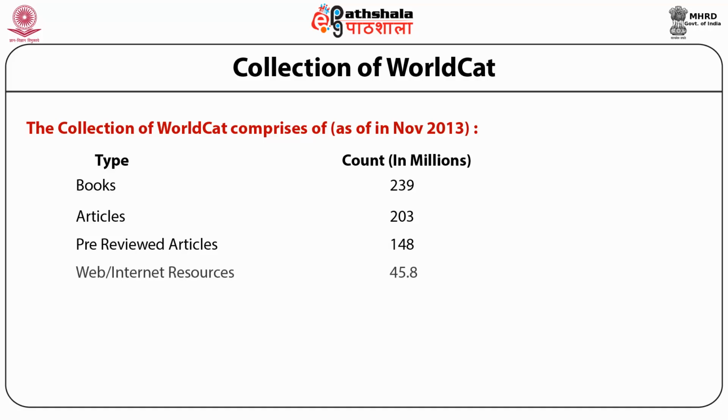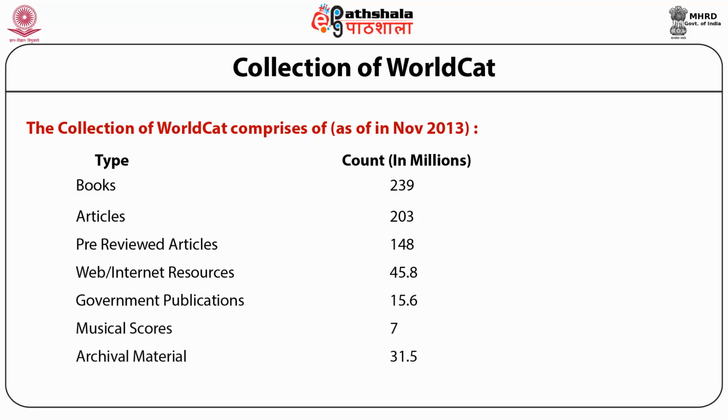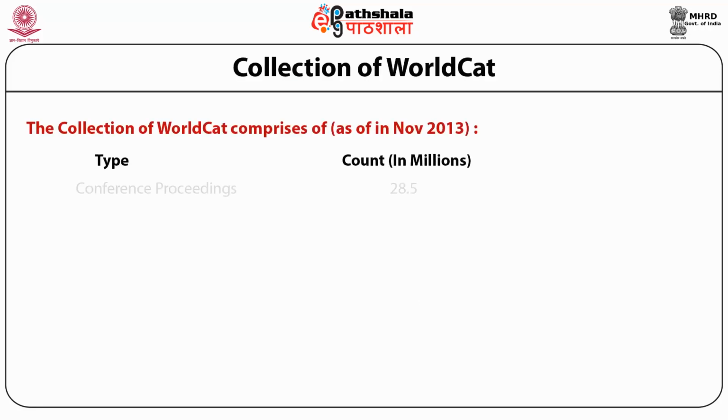It has about 45.8 million internet resources. It has 15.6 million government publications. It has 7 million musical scores. It has 31.5 million archival materials. It has 4.7 million sound recordings. It has 28.5 million conference proceedings. It has 14.6 million institutional repository records.